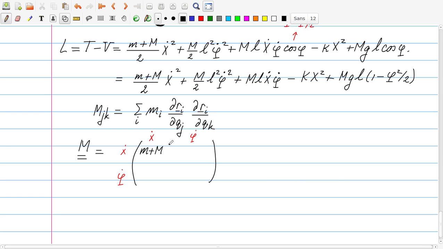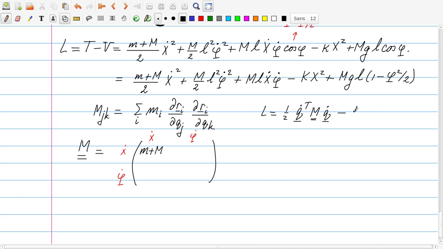Recall that the Lagrangian was given as a half times the q dot transpose vector, and then the matrix, and then q dot. So the factor 1/2 is already included, and I should not put that in there.